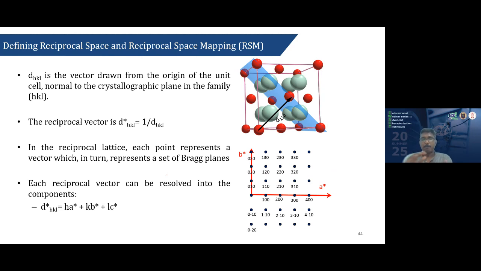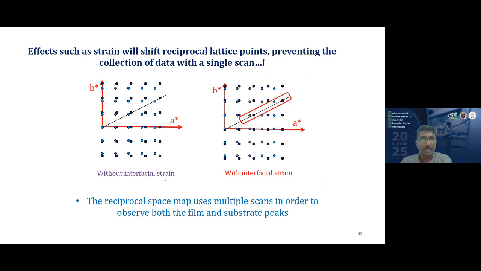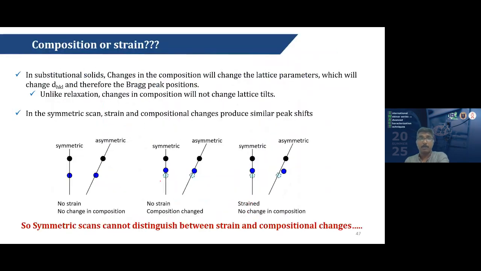Whereas if there is twinning in the crystallites or strain in the crystallites or composition gradient in thin films, the shape, size, or orientation of the reciprocal lattice point will change. From that, we can infer how much strain is there in the film.